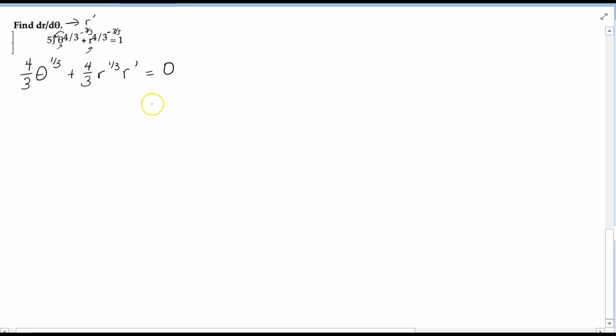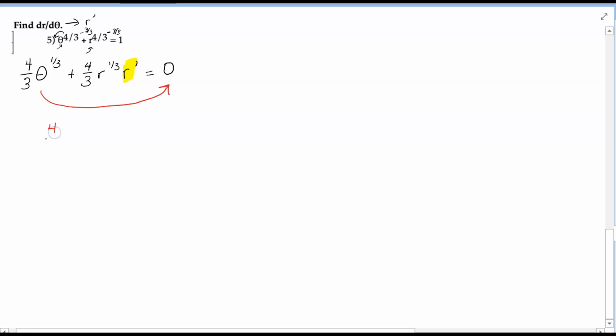Okay, so now what we're going to do is take a look at 4/3 theta to the 1/3 plus 4/3 r to the 1/3 r prime equals 0, and we're going to isolate r prime. So that's pretty simple. We're going to move this to the other side. All right, so let's go ahead and do that.